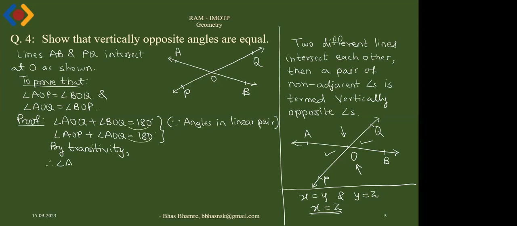So I have angle AOQ plus angle BOQ is equal to angle AOP plus angle AOQ. It's just a simple equation. We find that AOQ is the same on both sides. So we subtract angle AOQ from both sides.